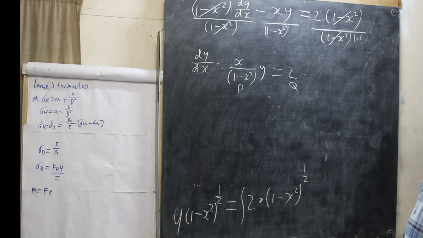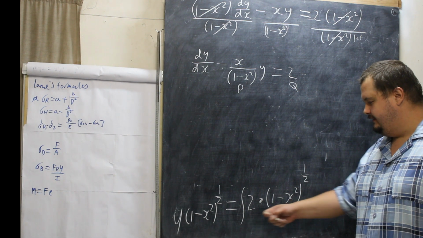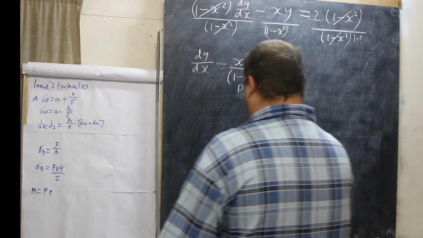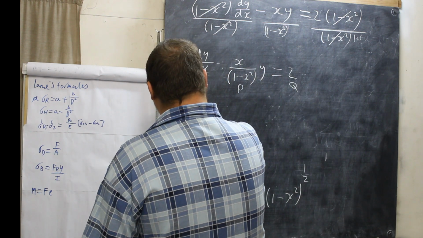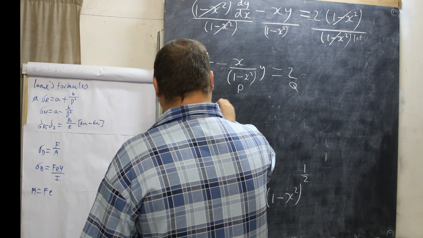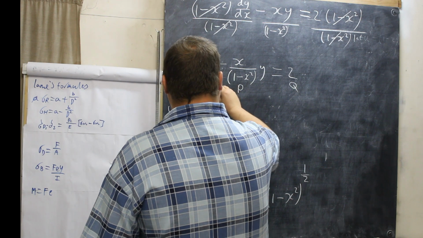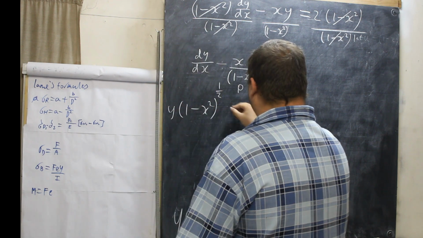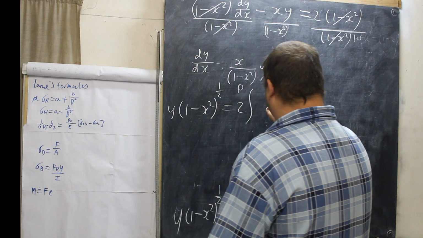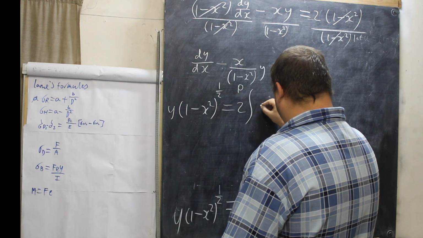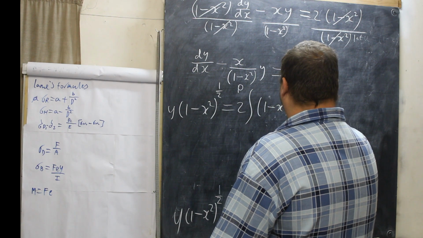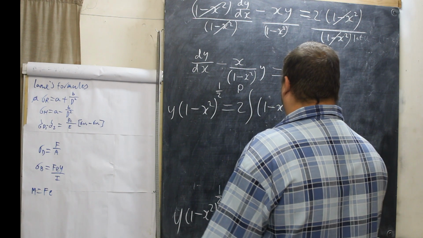So, next step, we have to integrate on this side. We're left with y times 1 minus x squared to the power of a half equals 2 times the integral of 1 minus x squared to the power of a half.